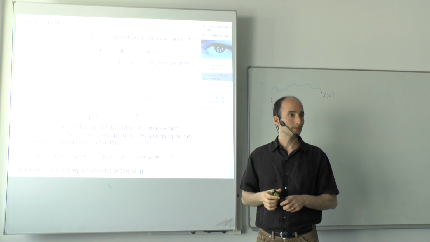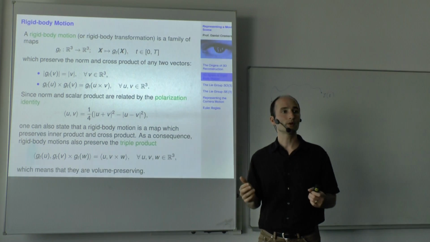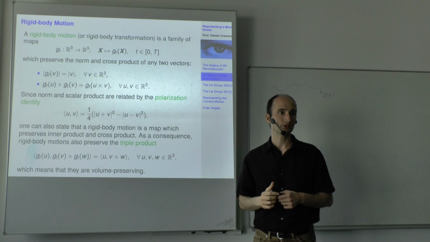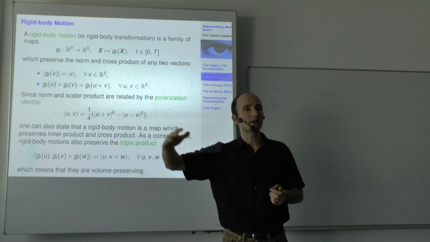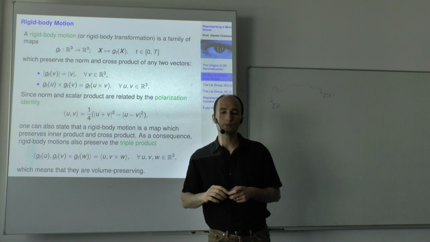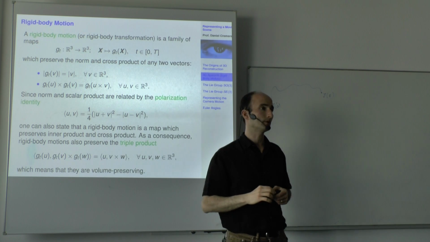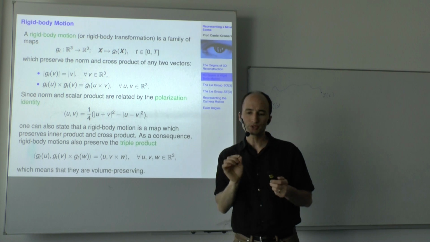We already talked about rigid body motion, and when I first introduced it, I said rigid body motion is rotation and translation, is what you can do with the camera. You can translate it in space and you can rotate it. There is a different way to introduce rigid body motion that is a little bit closer to the term.